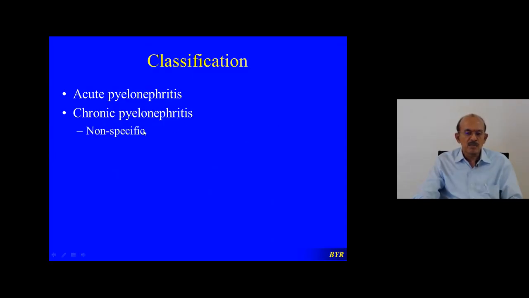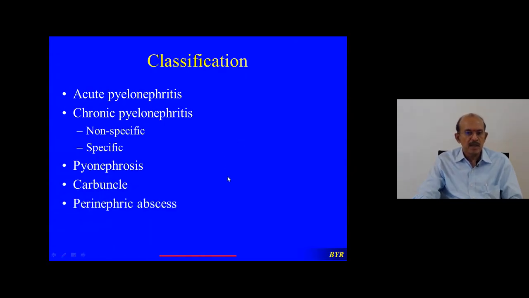Chronic pyelonephritis can be a non-specific lesion or specific due to tuberculosis. Then other infective conditions of the kidneys being pyonephrosis, carbuncle, perinephric abscess. So these are all the inflammatory conditions of the kidneys.